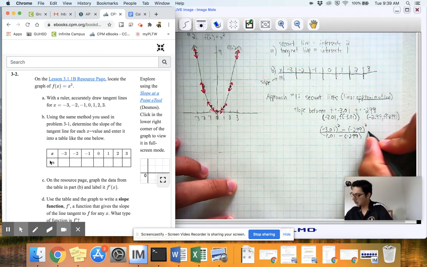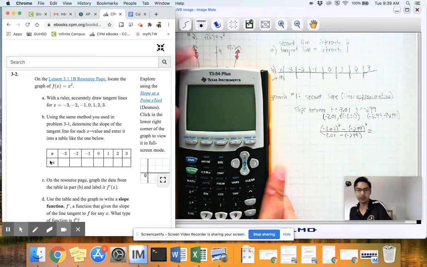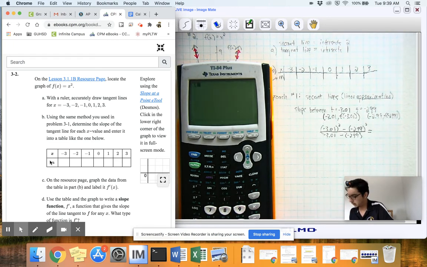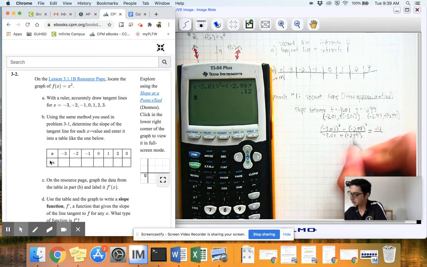All right. And if you use a calculator here, which I'm definitely going to do, you can see that hopefully. So we have -3.01 squared minus -2.99 squared. The numerator gives us 0.12. On the denominator, we subtract those, and you'd get a difference of -0.02.